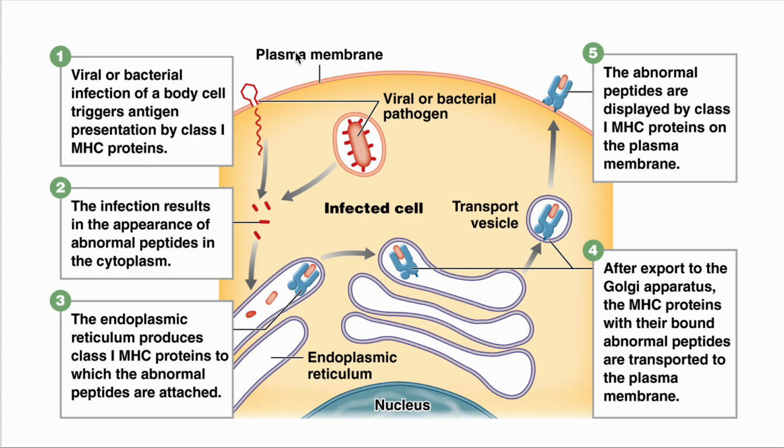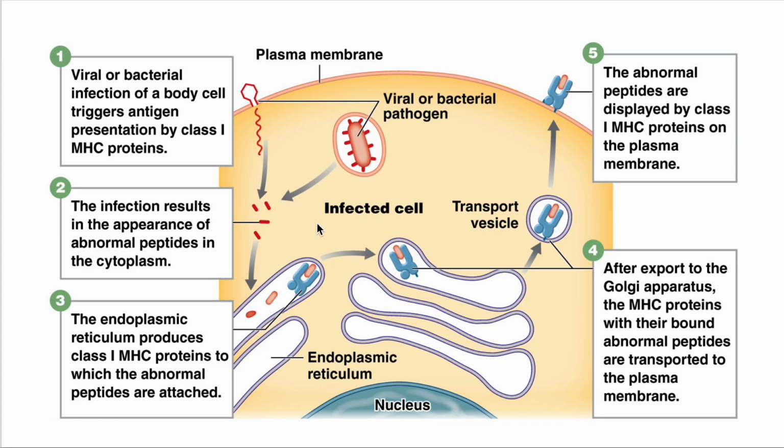So here's what's happened. We've had a virus or a bacterial infection of this cell, and that has triggered antigen presentation. So in other words, our cell knows that it's been infected, and it wants to give a warning to other cells and show the immune system, hey, I've been infected, and this is what I've been infected with.